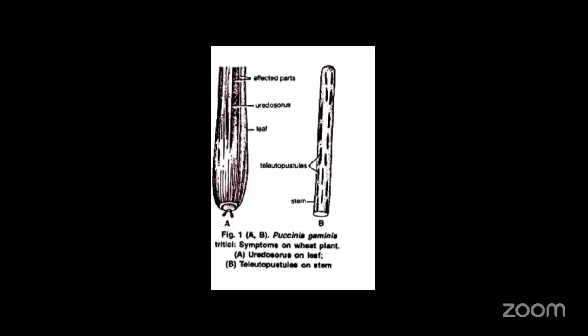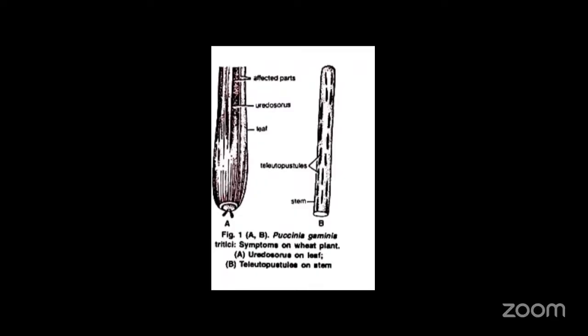So what are the disease symptoms here? Elongated pustules or streaks are produced on the leaf or stem, on the leaf sheath or even on the glumes, which are uredia, or uredosori.